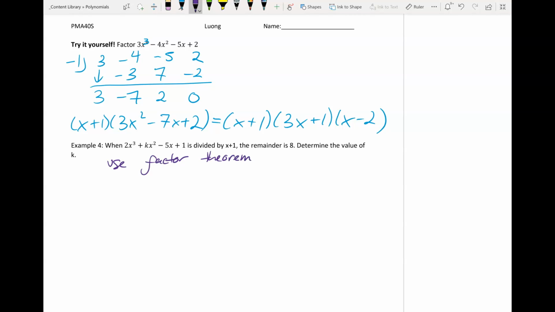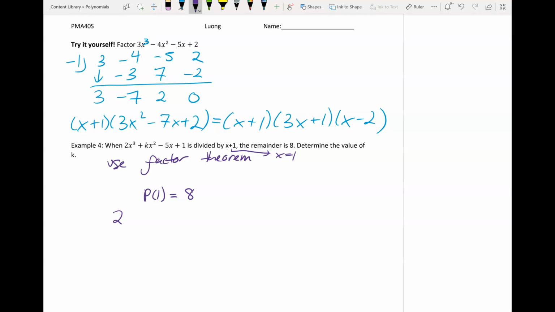Okay, so what it's saying by divided by x plus 1, the remainder is 8, that means if I plug in x equals negative 1 into this polynomial, I will get back 8 as my remainder. So in other words, p of negative 1 is equal to 8. Now, our polynomial is given to us already as 2x cubed plus kx squared minus 5x plus 1.